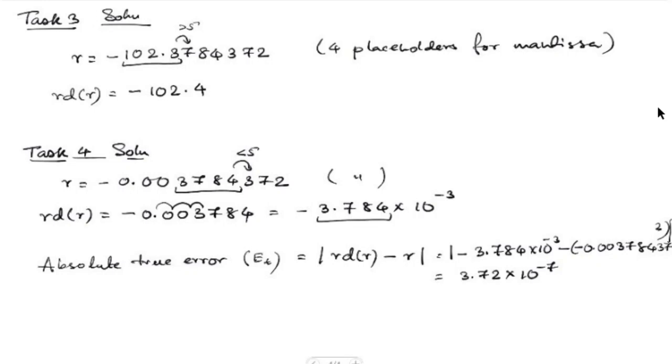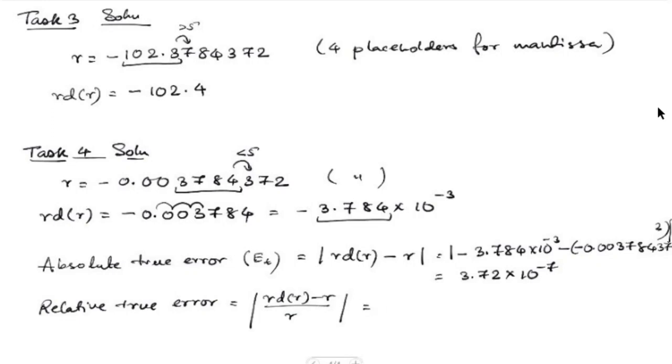Okay, now we have to find out the relative true error. This is actually the absolute error that you have here. So we have the absolute of the absolute true error value, which was the rounded r minus the true r, divided by the true r.